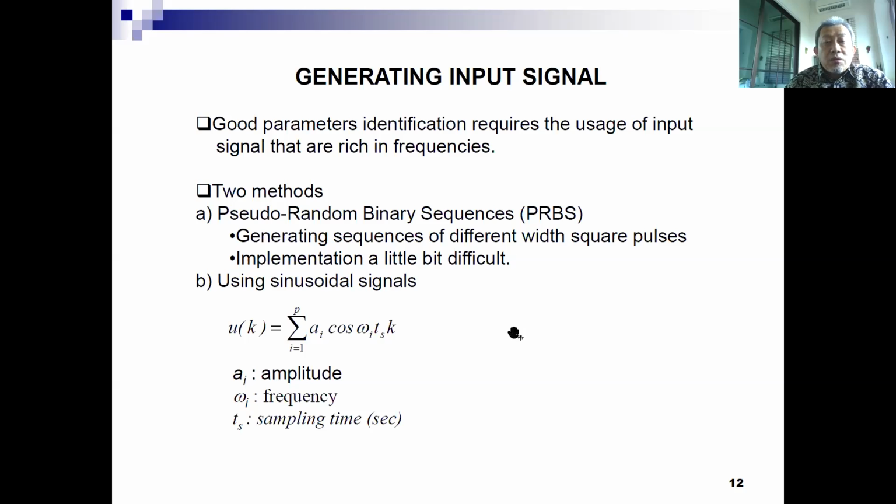So we use sinusoidal signals by the formula U is equal to the sum of A multiplied by cos omega i Tk, where A is the amplitude, omega is the frequency, and Ts is the sampling time.